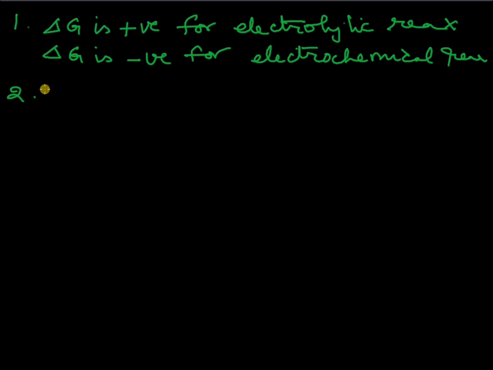The second question asks you to evaluate the mass of an element of atomic mass X which will be deposited on passing 1 coulomb of charge. So, atomic mass is X. Now, you know that to deposit 1 gram atom of any element, you have to pass nF coulombs of charge, where n is the charge on the ion.